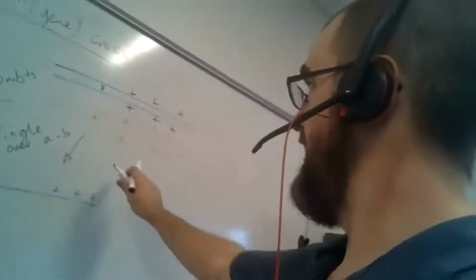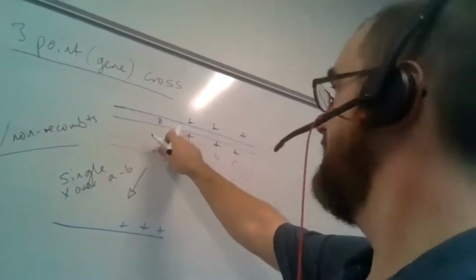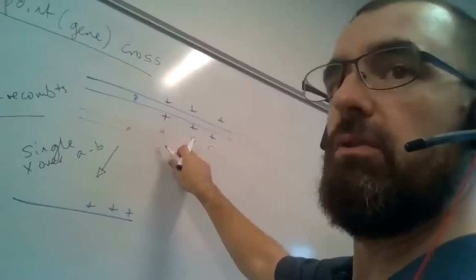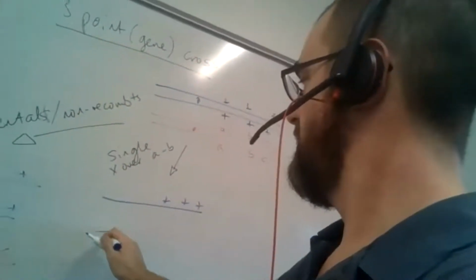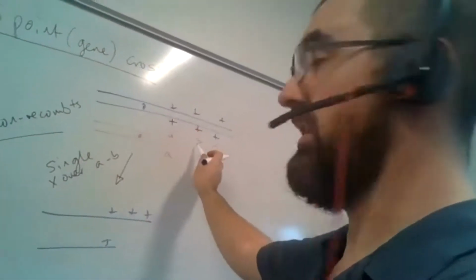And then if it's between A and B, we're going to go along here, past the first one, and then we're going to cross over to the other chromosome. So it's going to go like so with the plus, and then we're going to have BC.